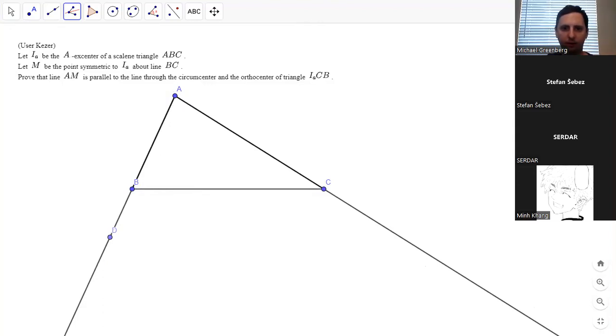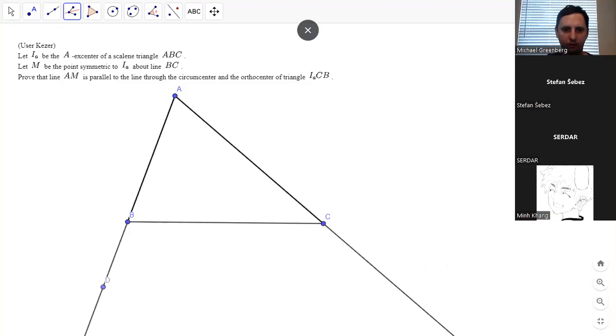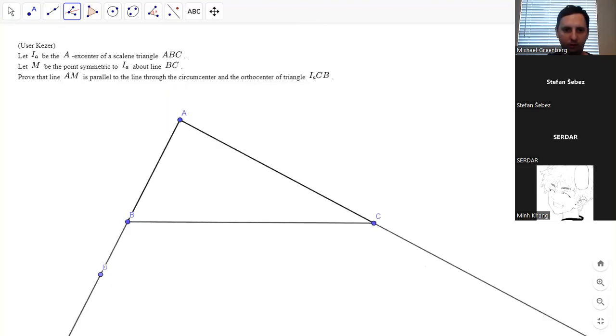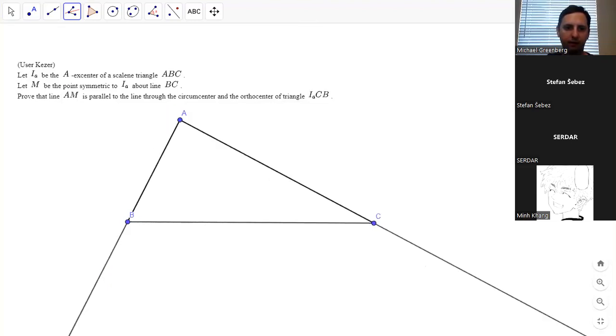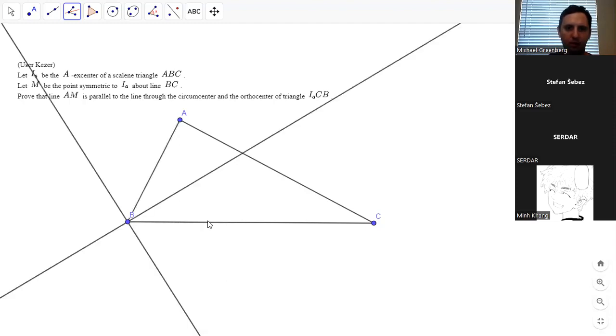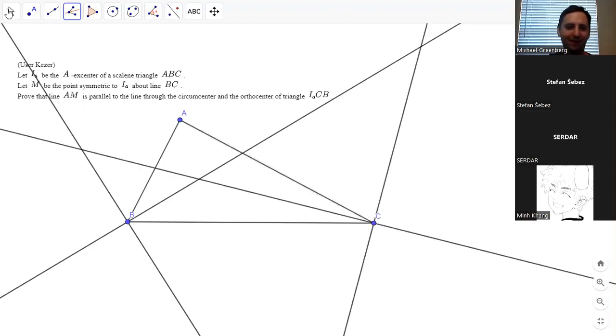So let me delete the rays. So this is the A-excenter, but I still do BC and BA? Yeah. Oh, it does both of them. So that way you get it really easy. Nice. You get the incenter and the excenter. I like it.